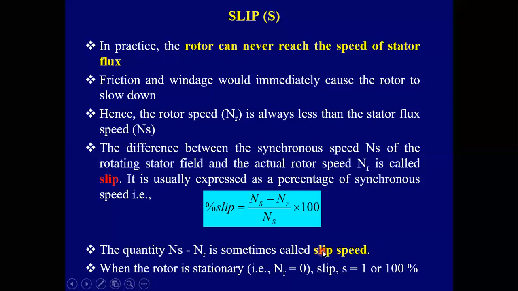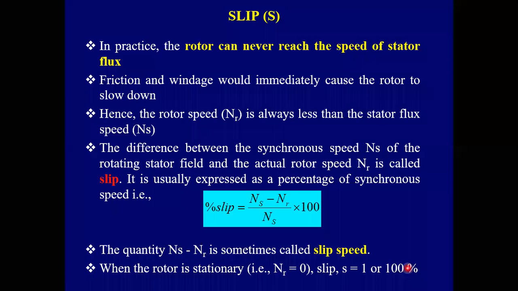You can see the spotlight on the screen. Slip speed is the difference of both the speeds, that is, stator field speed and rotor speed. When the rotor is stationary, what is the speed of the rotor? That is zero. If Nr is equal to 0 and you substitute here, what is the value of slip? That is 1 or 100%. That's it, you remember this.